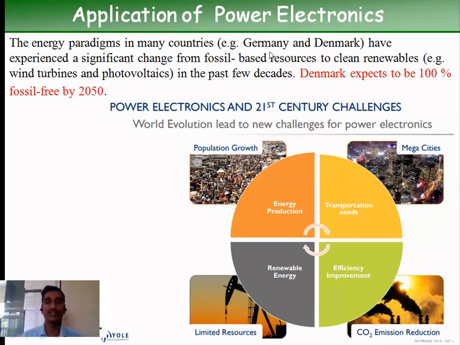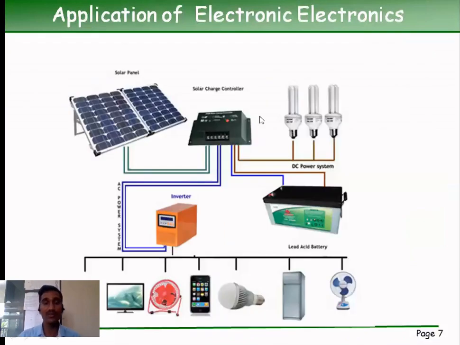Some countries like Germany, Denmark, and some European countries are switching their energy requirement from conventional sources to renewable sources. As one example, Denmark is expected to be 100% free of fossil fuel by 2050.